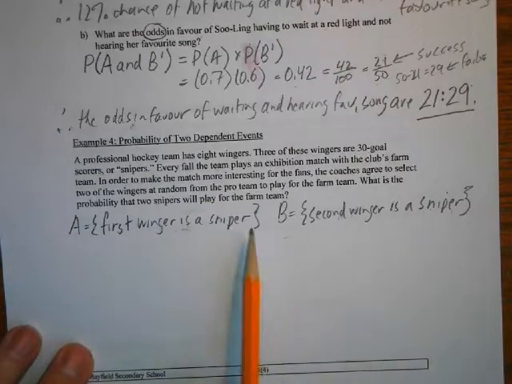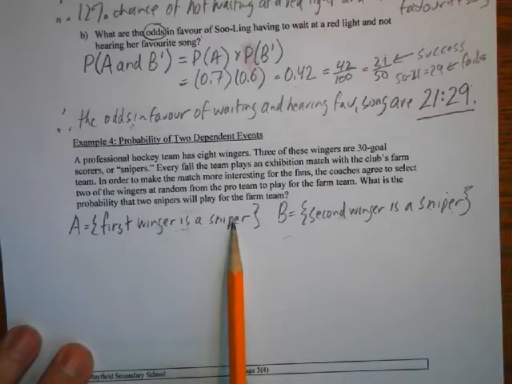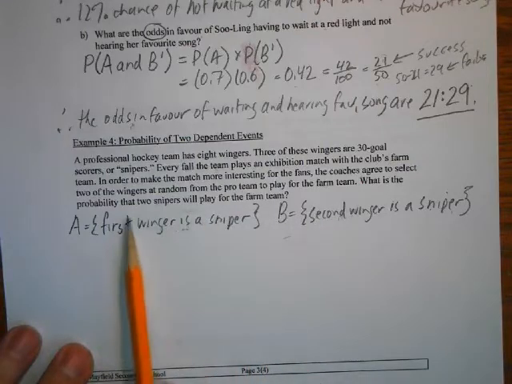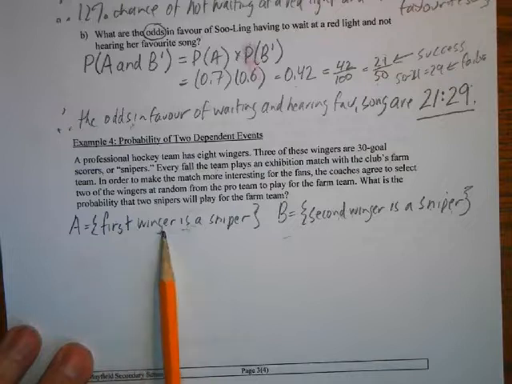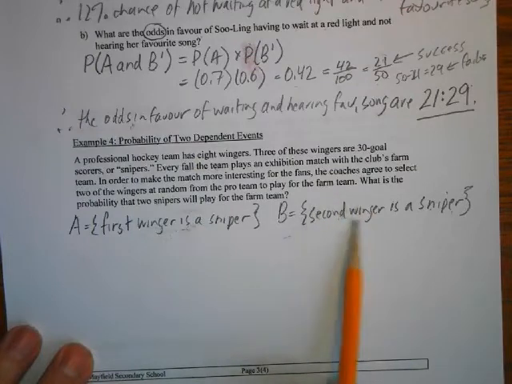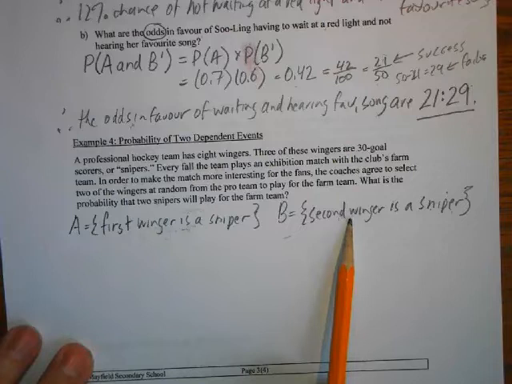Okay, so in that case, the probabilities are the same. But if we actually did get a sniper when we chose our first winger, then there's 1 less sniper to choose from. We're down to 2.